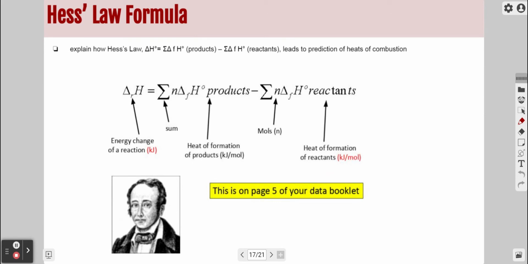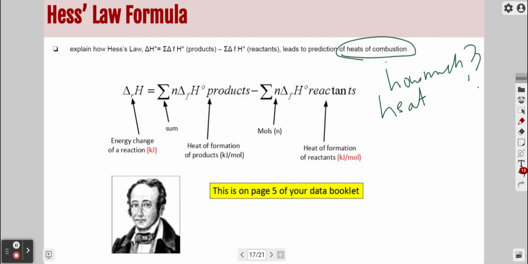All right, Hess's formula. Hess's formula can actually let us figure out how much heat we want to figure out, so that we can see how much electricity eventually we could form. So we use Hess's law to predict the heats of combustion, the amount of heat that's released for a specific substance. This is on page 5 of your data booklet.